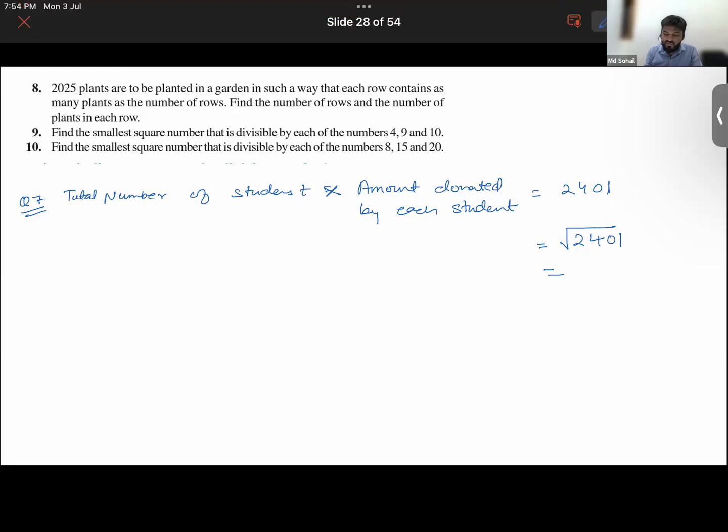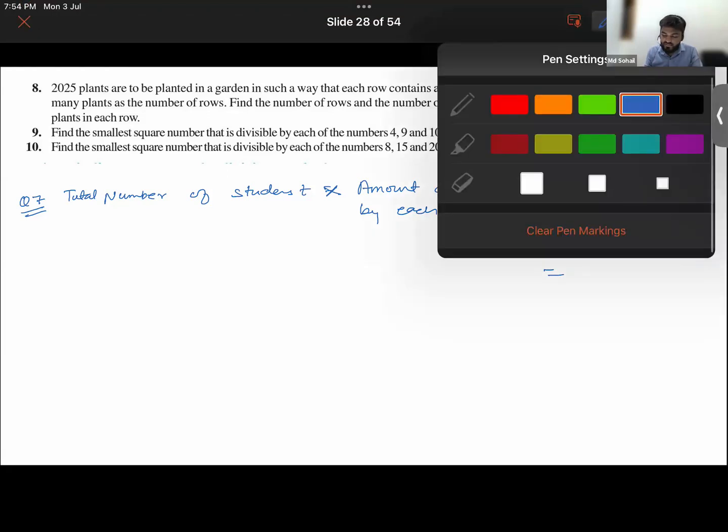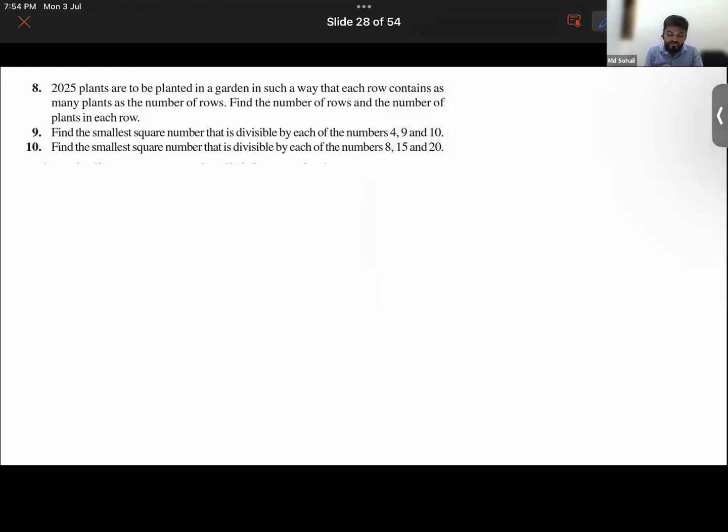Now see question number 8. That is also a similar question here. The question says that 2,025 plants are to be planted in a garden in such a way that each row contains as many plants as the number of rows. Suppose there are 10 rows.